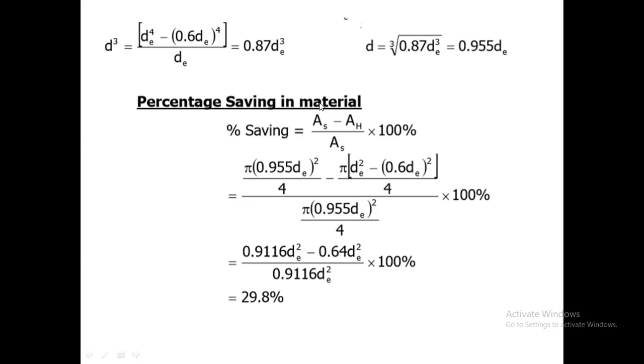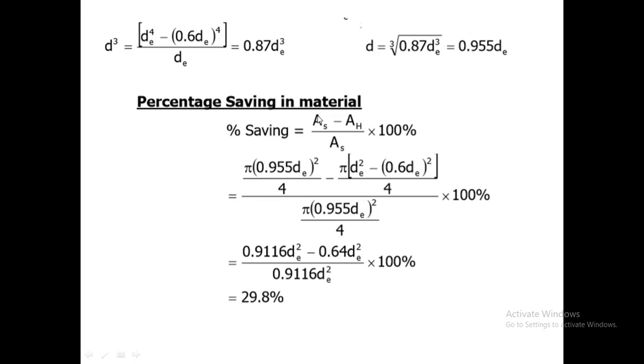In such a case we can find the percentage saving in material. To calculate the percentage saving, we take the cross-sectional area of the solid shaft minus the cross-sectional area of the hollow shaft, divided by that of the solid shaft.